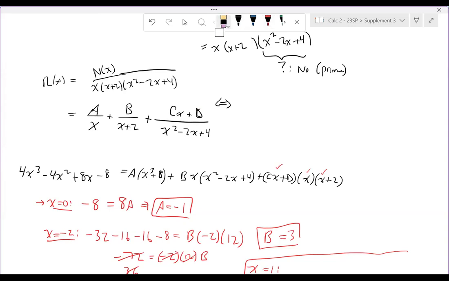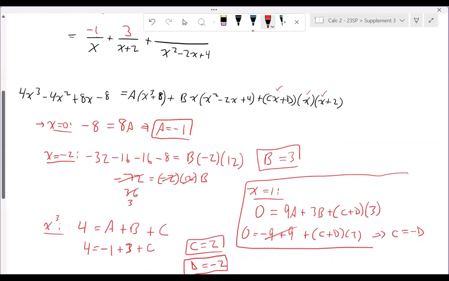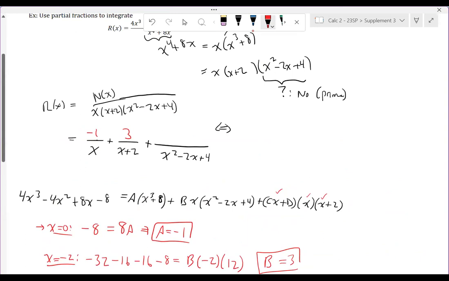I'm going to just come up here and write these in. So A was -1, B was 3, and C and D were 2 and -2. And now I want to integrate this.